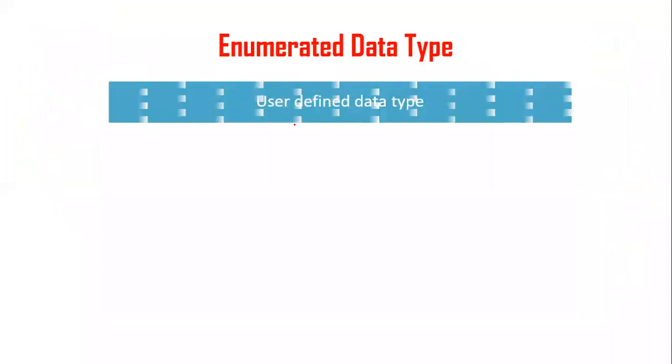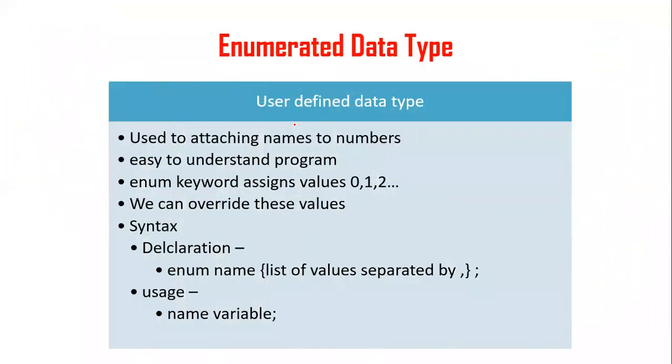Okay. So next we'll discuss the enumerated data type. Enumerated data type is also another user defined data type. Here, the user can attach names to numbers. That's the first thing.